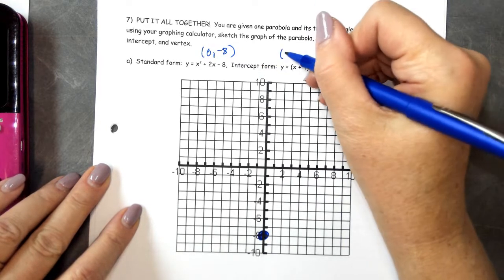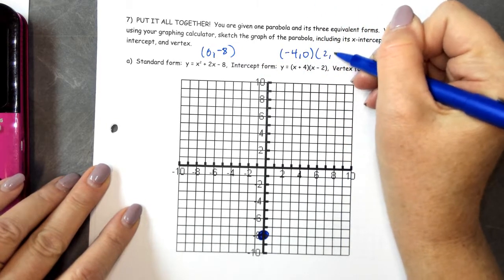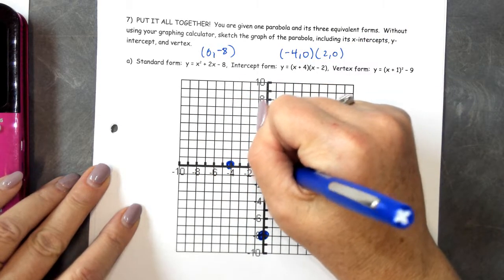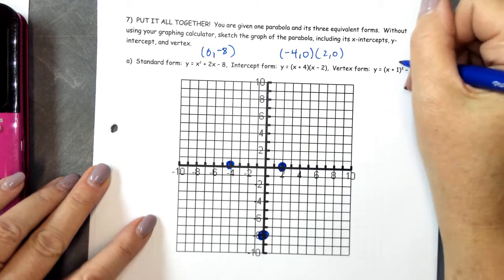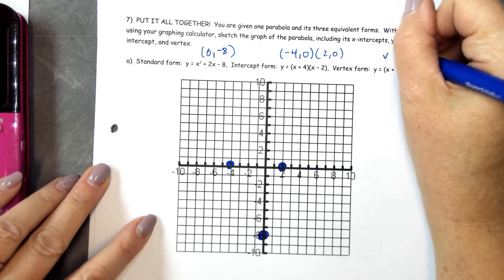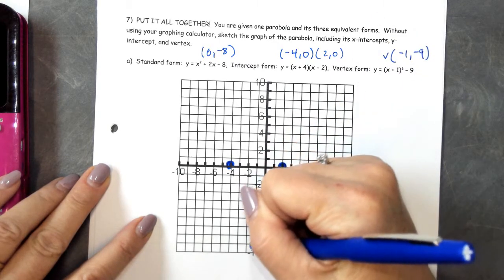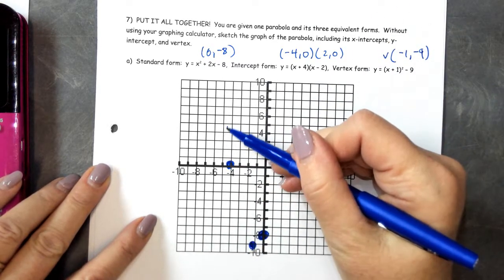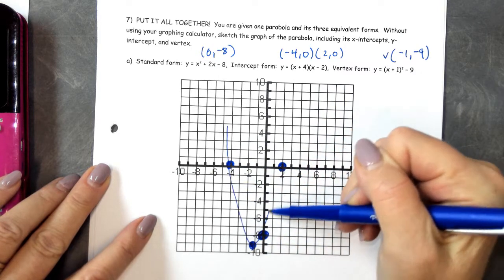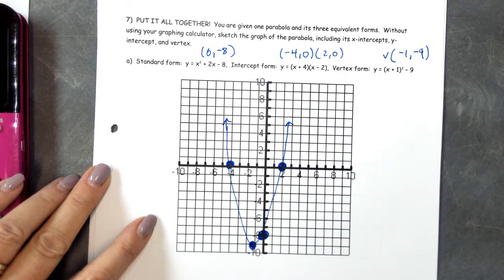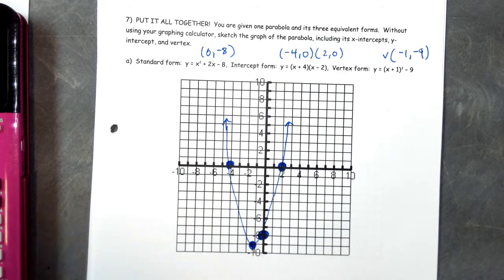Intercept form, I can get the 2 x-intercepts, negative 4, 0, and 2, 0. And then the vertex form, I can get the vertex quickly. I always put a V in front of it. Negative 1, negative 9. And if you remember my video from last week, I talked about the vertex being right between the x-intercepts.